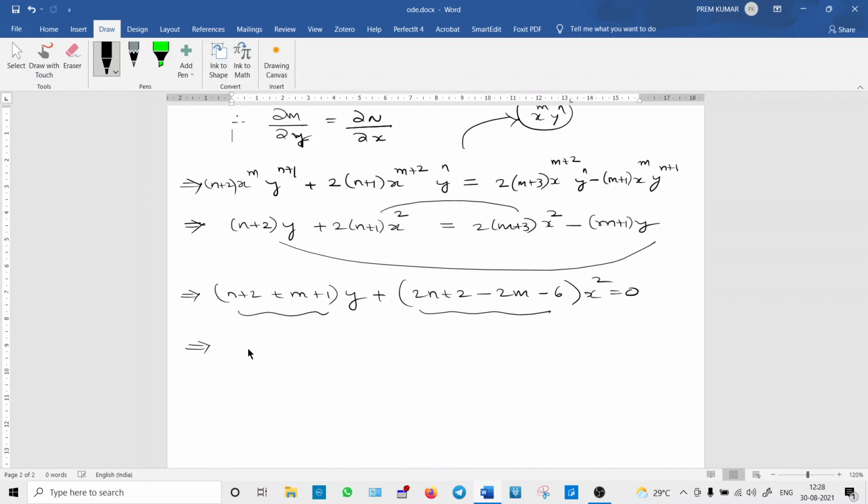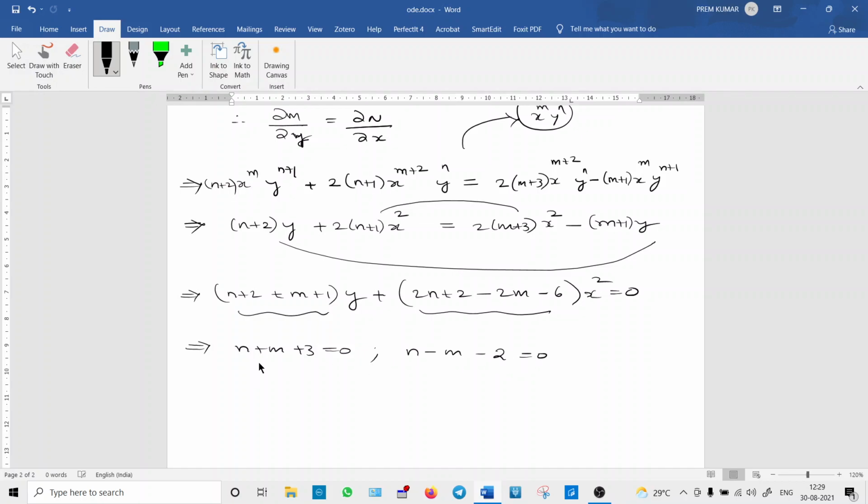So which implies what is this? n plus m plus 3 must be 0, and here what is this? 2n. So totally you can take 2 outside. So it will be n minus m, sorry, n minus m minus 4, minus 4. So it becomes 2 minus 2 equals 0.